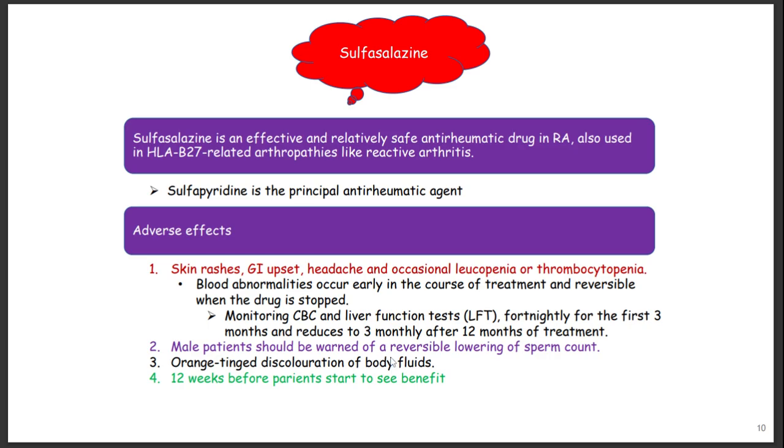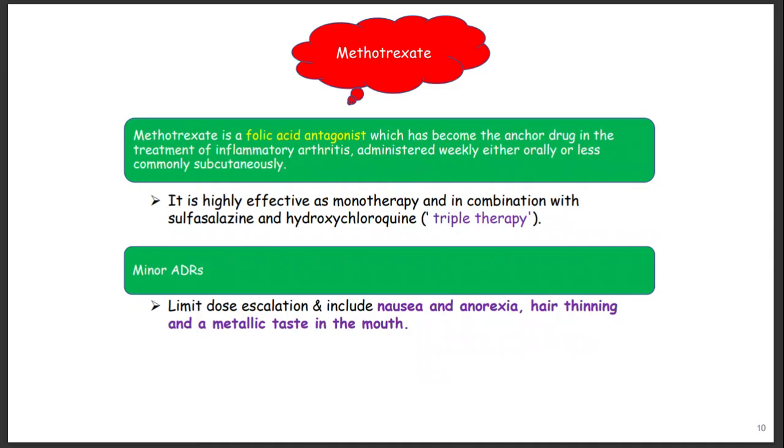It is reversible, but they should be warned in case they can't have children at that point. There can also be orange tinge discoloration of body fluids. It takes about 12 weeks before the patient can start to see benefits.